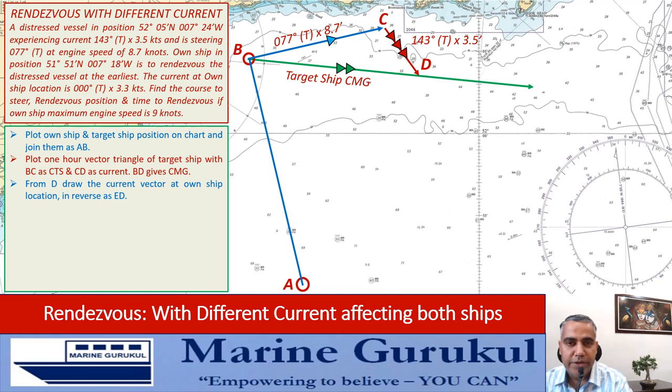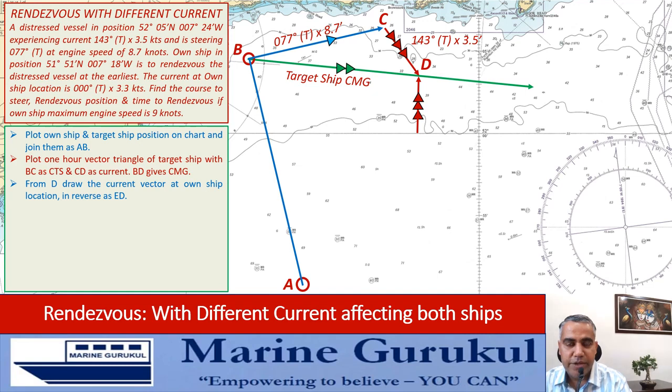Now from point Delta, we draw the current vector affecting the own ship in the reverse direction. The current at own ship location is 000 degrees and the drift in 1 hour is 3.3 miles.